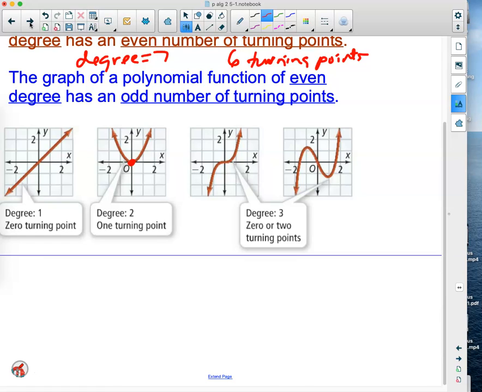While this one has 2 of them, right there. So 3 minus 1 is 2. Doesn't that mean that they all have to have 2 turning points? No, it said at most 2 turning points. So it might not have any. It might have 2. And how we're going to find that out is by just putting them in the graphing calculator and counting. How many turning points do they have?